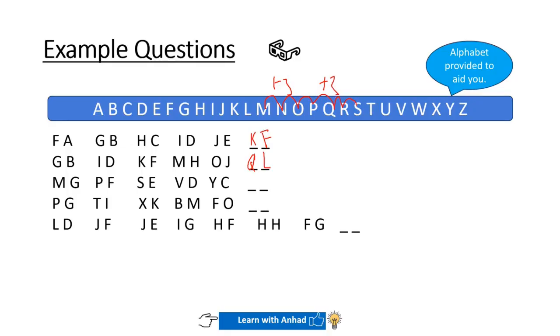And then S to V is +3. And then V to Y, Y is also another +3. And then, look, you're wondering, how am I supposed to do Y +3? There's no alphabet left.